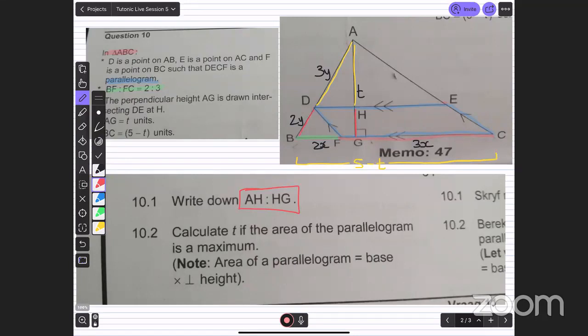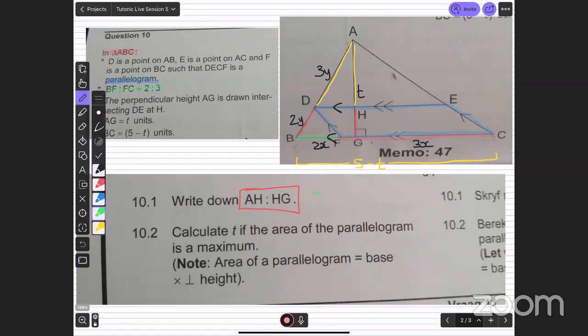Here's the parallel line. So that means that these two sides are proportional, or that over this equals that over this. And since this is 3 over 2, this must be 3 over 2. Is everybody happy? Yes.